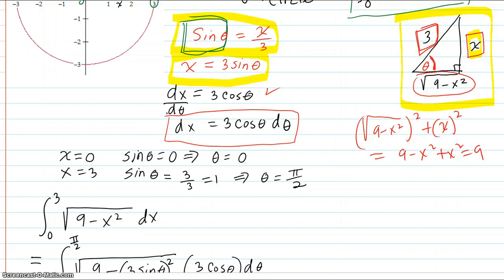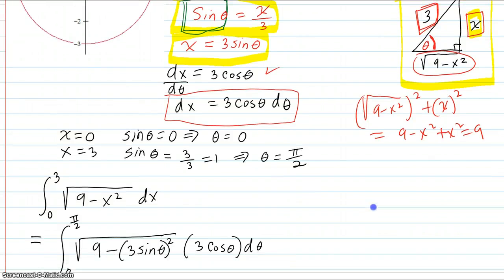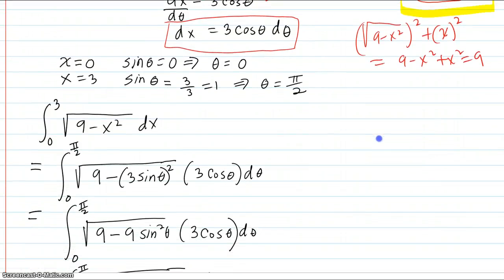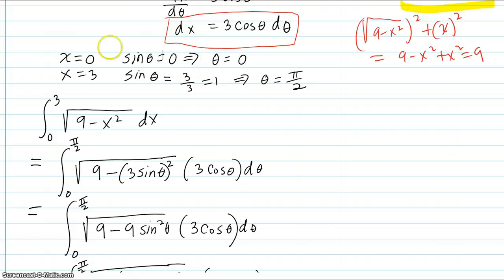So then we have an integral that is a definite integral, so we have to change over the limits also. So when x is 0, sine theta equals 0. So if you're using inverse sine to get the answer, you're going to have 0 here.